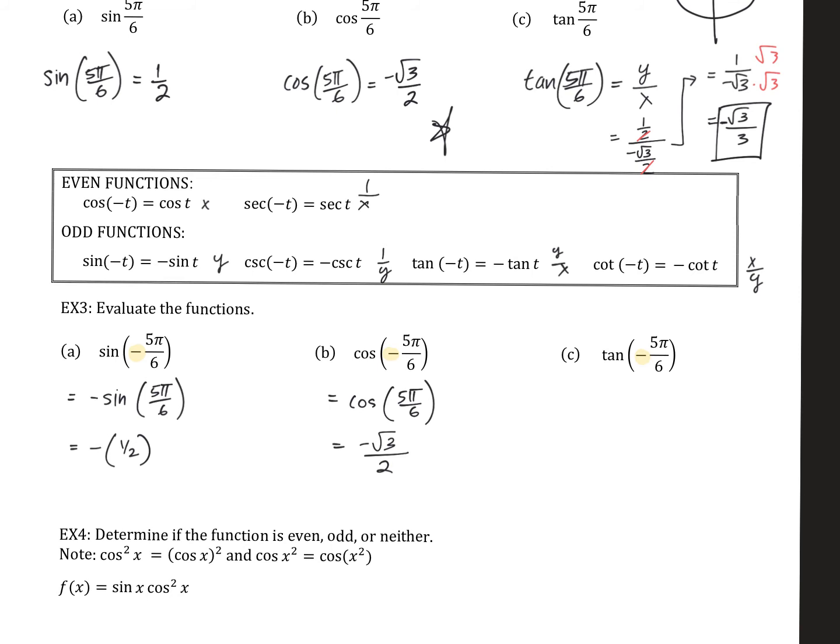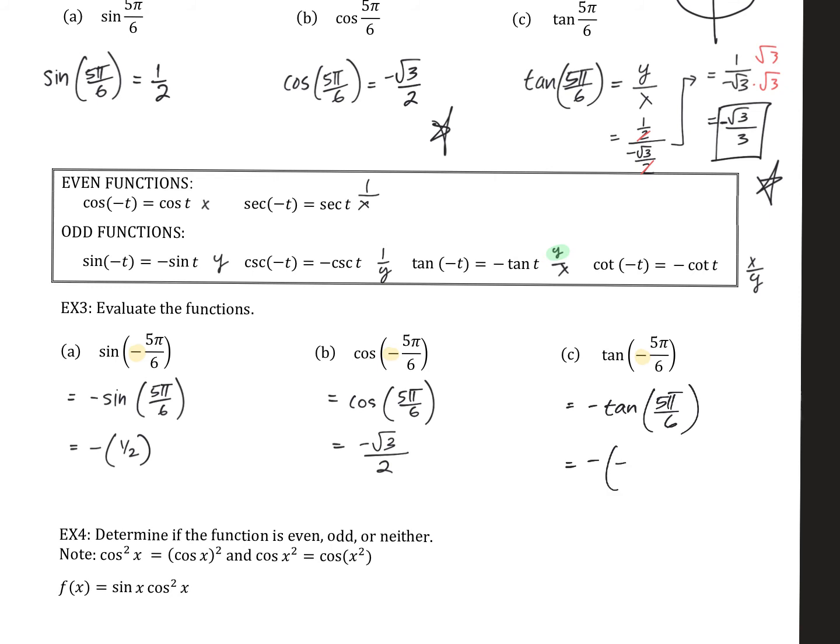Now for tangent. Tangent, is that an odd or an even function? Well, it has to do, if you remember, with y, which means it's going to be an odd function. So we'll go ahead and pull out that negative, and that'll be tangent of 5 pi over 6. So the opposite of tangent of 5 pi over 6, which we found earlier, right up here, was negative root 3 over 3.